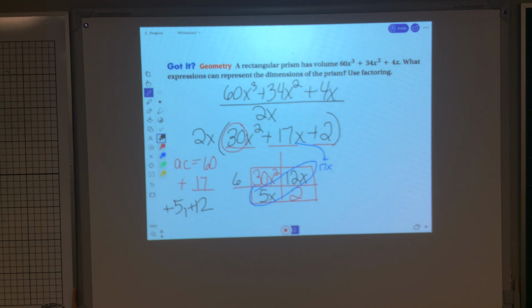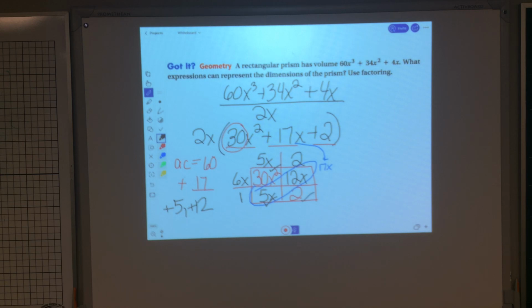So I put 6, and then I know I can factor out an x. In the bottom ones, they have nothing in common, but that means I can always factor out a 1. 6 times 5 gives me 30, and x times x gives me 30x squared. 5x times 1 gives me 5x, so that bottom box works. 6x times what is 12x? 6 times 2 is 12, and the x is already there, and 2 times 1 gives me 2.